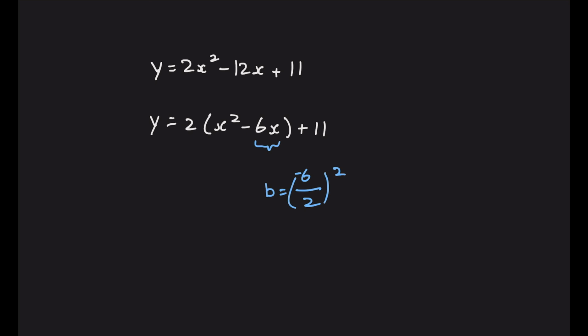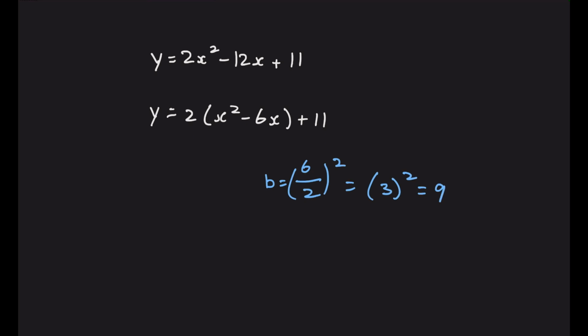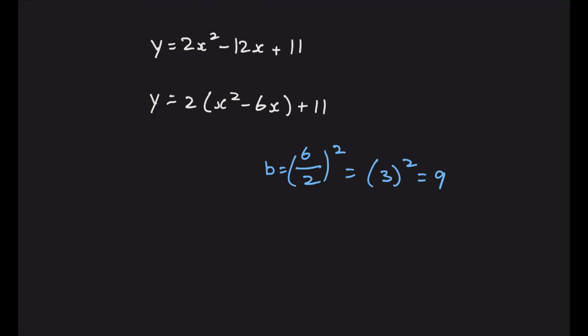The reason is if you put a negative here, when you square it, it's just going to become positive, so you don't need to include it. But here, 6 divided by 2 is 3. 3 squared is 9. If you're struggling with that, you can just put it in a calculator. So 9 is our magic number.